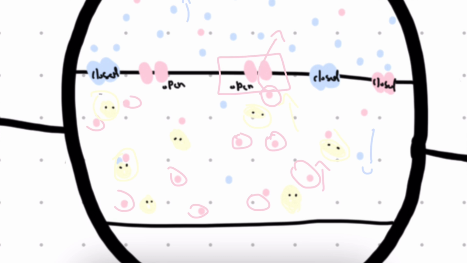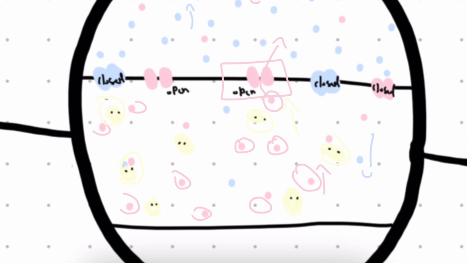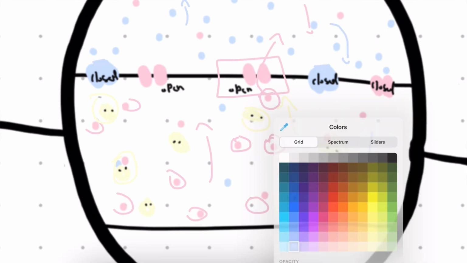Things tend to diffuse from an area of high concentration to an area of low concentration. These large negative proteins stay inside the axon because they are too large and cannot move to the outside.